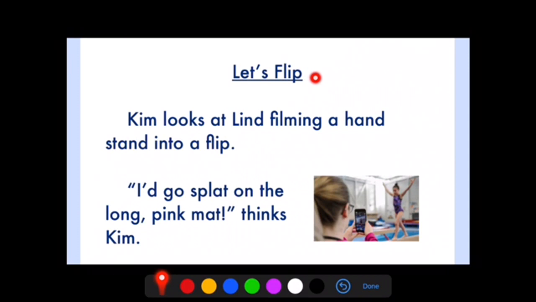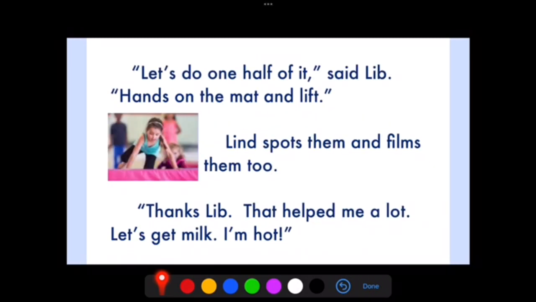Let's flip. Kim looks at Lind filming a handstand into a flip. I'd go splat on the long pink mat, thinks Kim. Let's do half of it, said Lib.